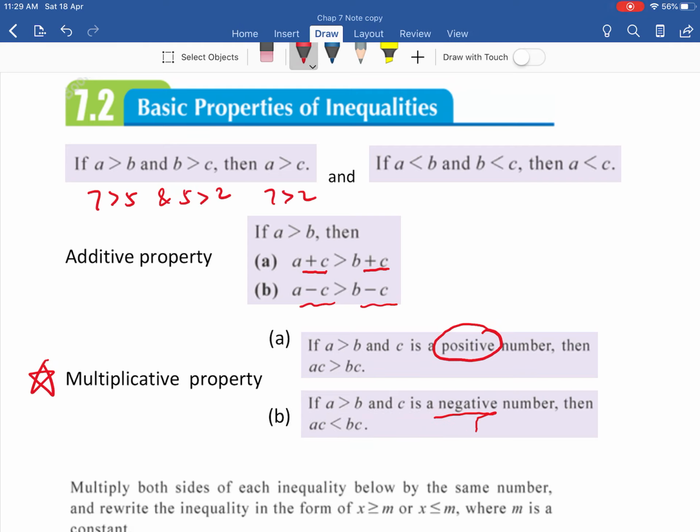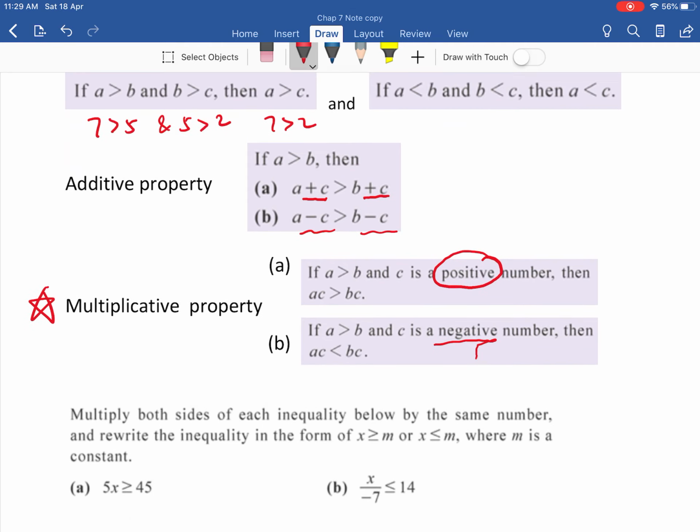For example, 5 is greater than 2. Okay, this is A and B. And C, I take C as minus 4. I clean this part first. 5 is greater than 2.